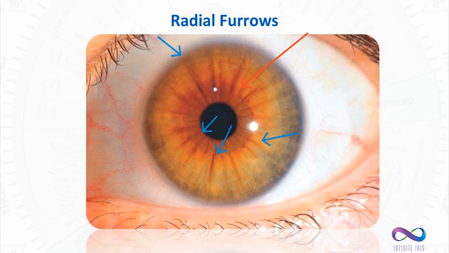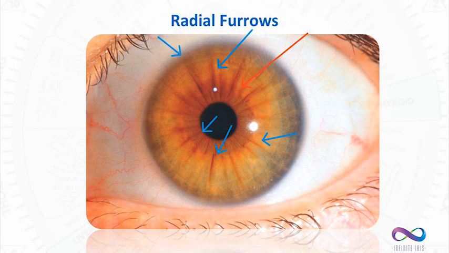So this person that has these radial furrows can have parasites, and if they do, there will be things like rectal itching, or they will be nervous or anxious or have stomach cramps. So you want to ask questions of that person.